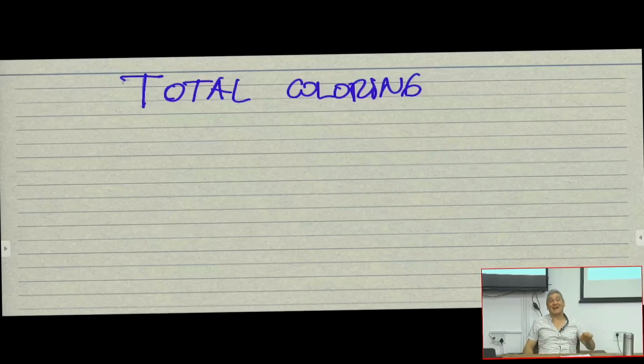Anybody beside her knows what is total coloring? So what is the condition? Two vertices or edges, adjacent or incident, must differ in color.